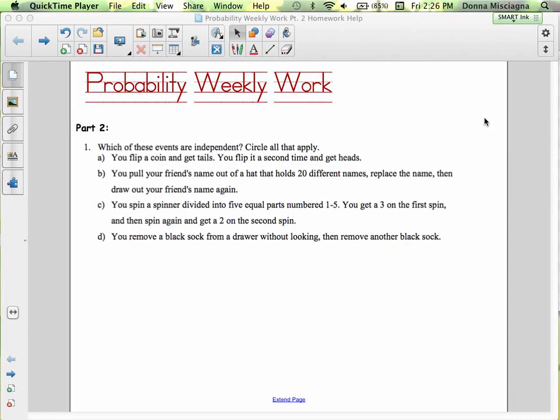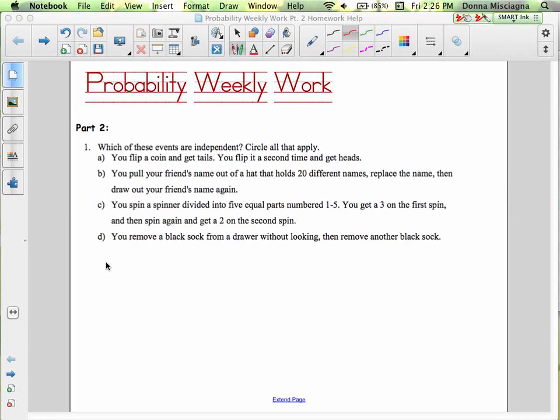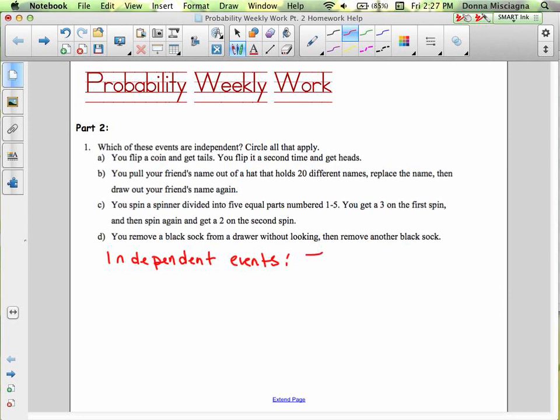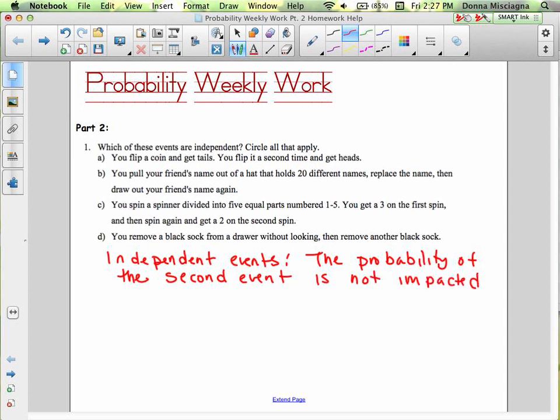Circle all that apply. Here is what you can figure out independent versus dependent. For independent events, the probability of the second event is not impacted by the first event.